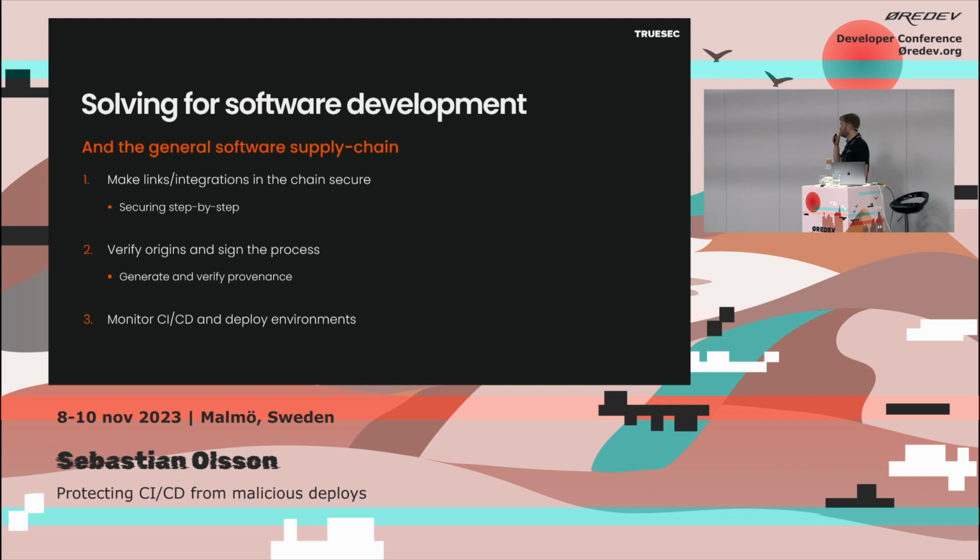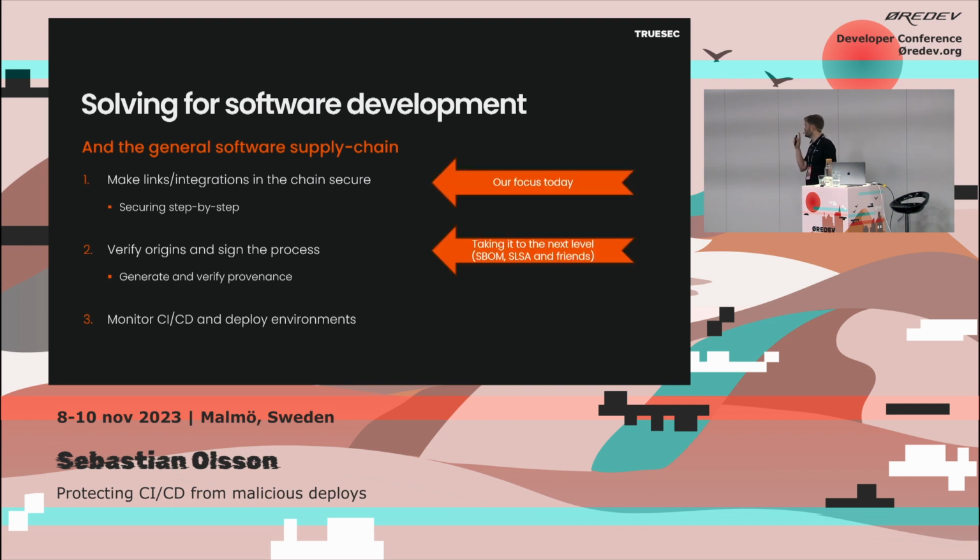Like I said, the first is our focus today, and the other is taking it to the next level, but you still need to do what we're talking about today. The third one is something that I don't think a lot of people are doing, and that's actually monitoring your CI/CD system, at least GitHub.